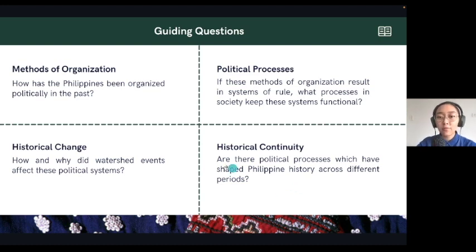So here's the question for historical continuity. Are there political processes which have shaped Philippine history across different periods? We might call them something different, but if the overall way that they operate is the same, then maybe this tells us about a long surviving pattern when it comes to Philippine politics.